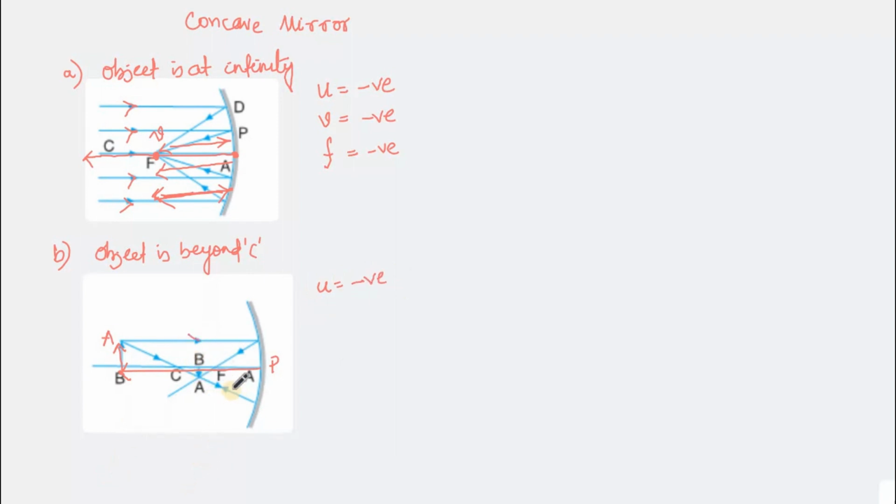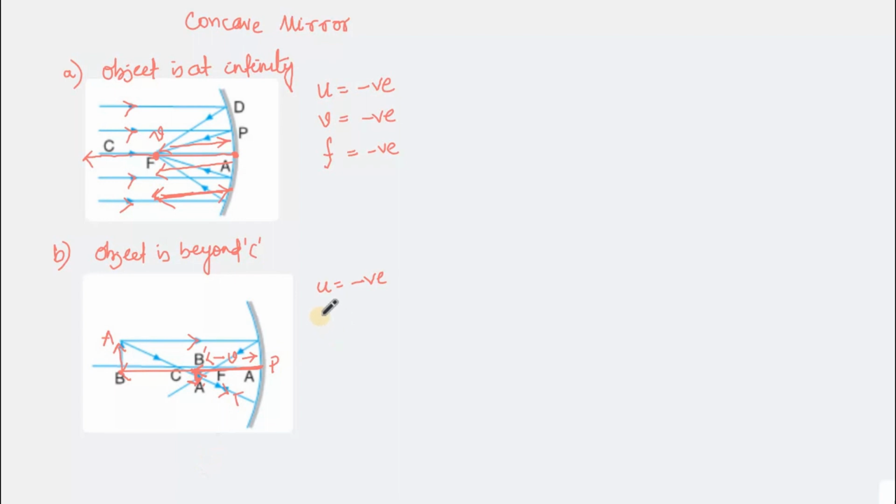Now after the reflection takes place, the rays meet at this point and here you see our image is formed, A dash B dash. So this is the point where the image is formed. So this becomes our image distance. Now to measure the image distance, again we have to go towards the left from the pole or the origin.